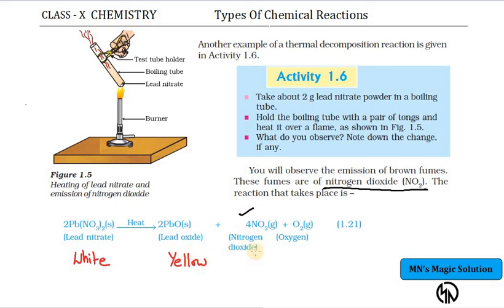The nitrogen dioxide which is liberated comes out as brown fumes. So here again, decomposition of one single compound gives more than one compound when heated. It is an example of thermal decomposition: white lead nitrate becomes yellow lead oxide plus nitrogen dioxide as brown fumes plus oxygen gas.